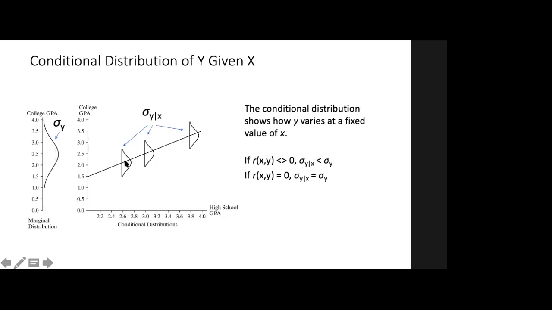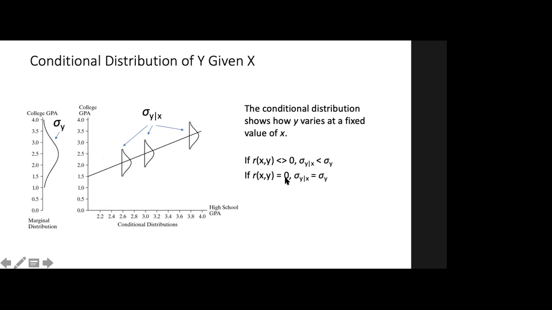What you can see here is that the conditional distribution is typically smaller. That is always the case if our regression model has any predictive power. So if the correlation between the predictor and the outcome variable is not zero, then the conditional distribution will be smaller than the unconditional distribution of our outcome variable.